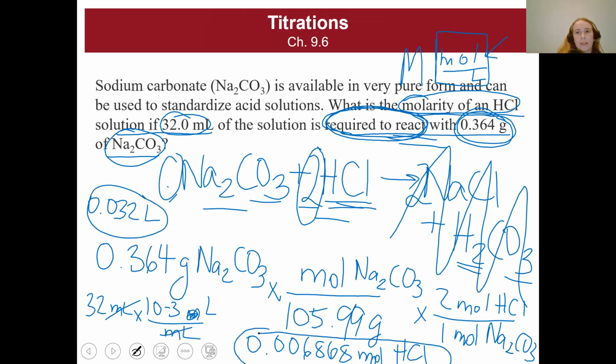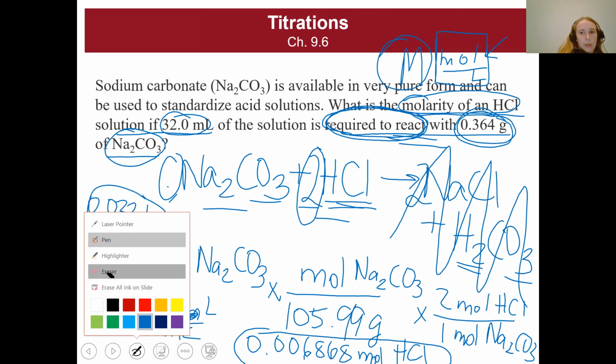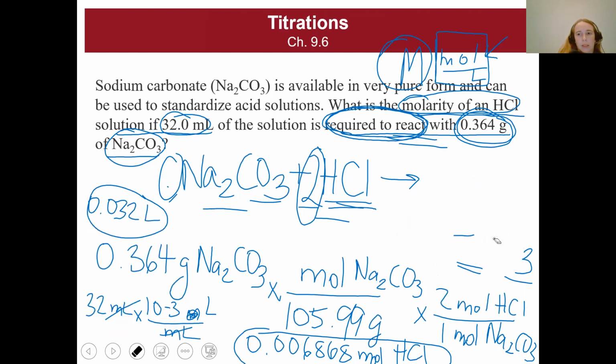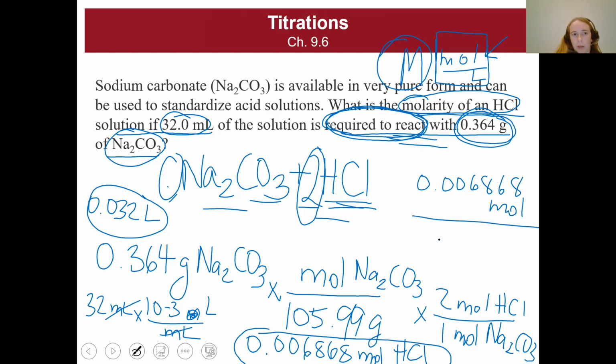So we've got moles and we've got liters. We've got all we need to solve for concentration. So I'm going to erase a little bit here so we can do that. I'll just get rid of my products. Since we balanced our equation, we don't need it anymore. So we've got 0.00688 moles divided by 0.032 liters.